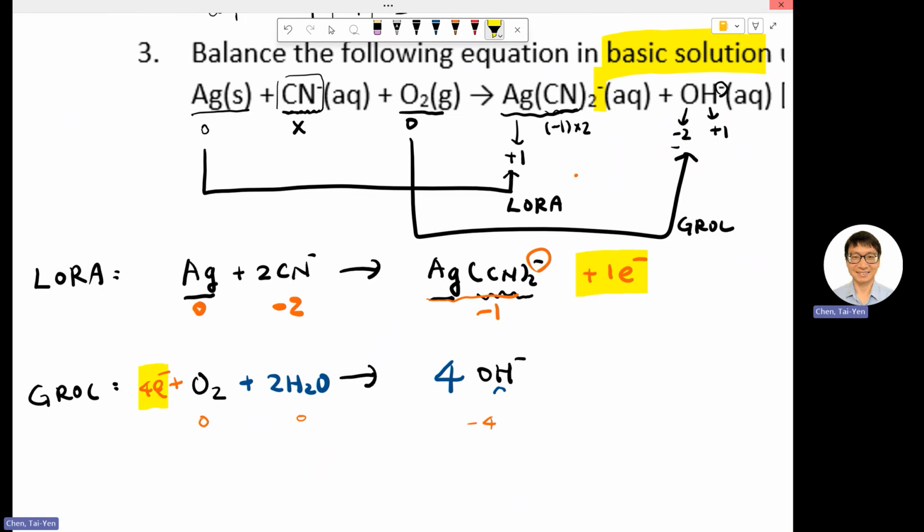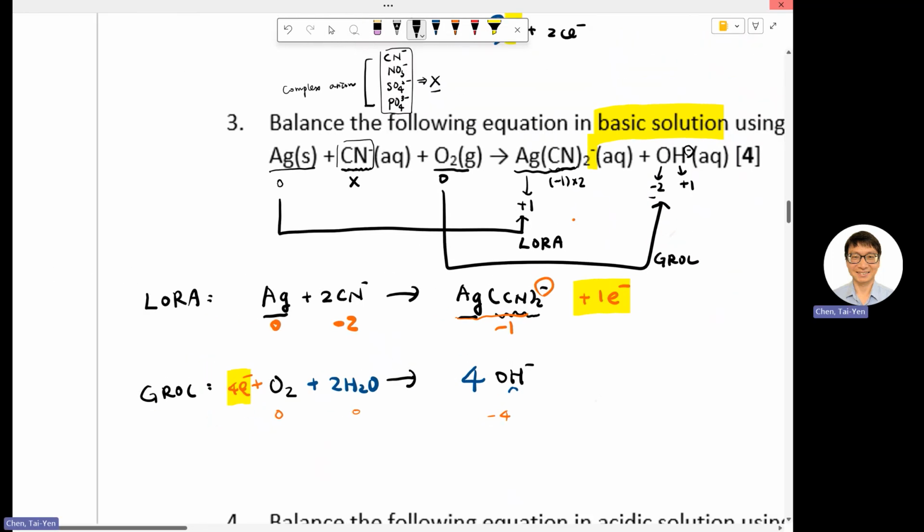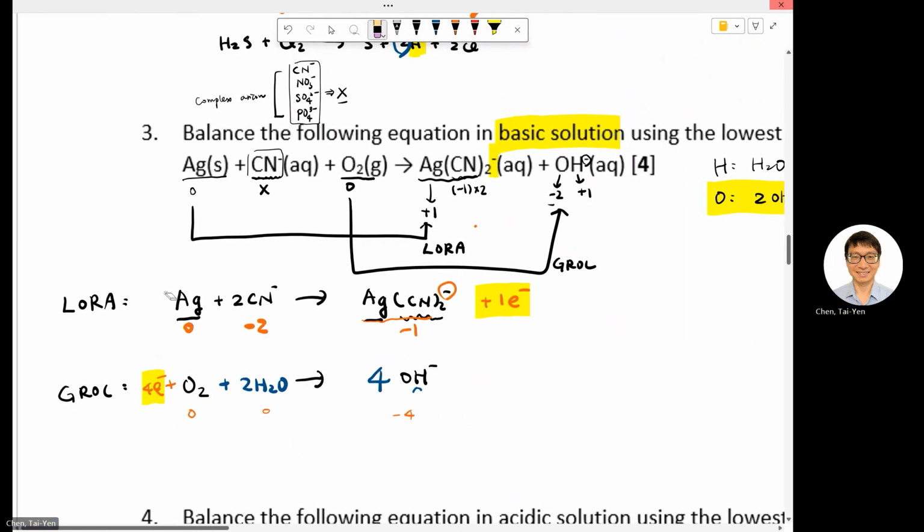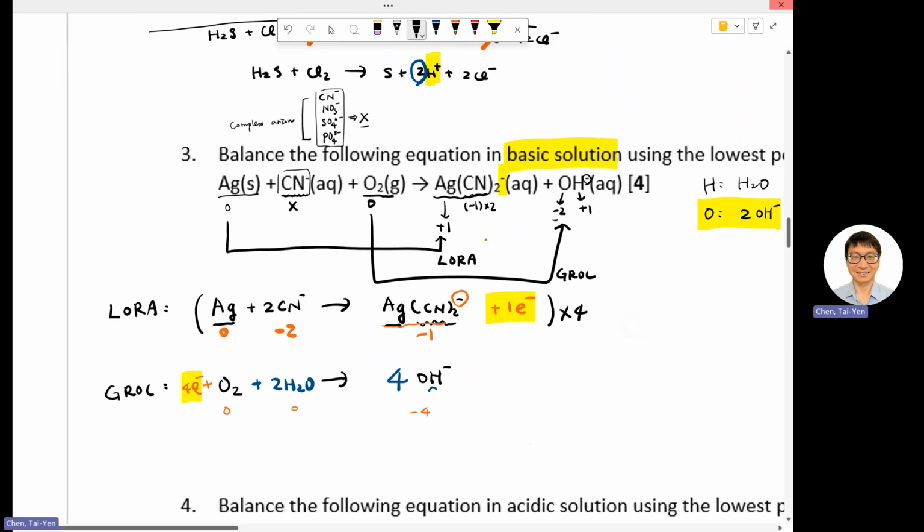Therefore, it is not balanced, so you need to balance it first. What you're going to do is multiply your LoRa by 4 and then add it up to your G-rock.